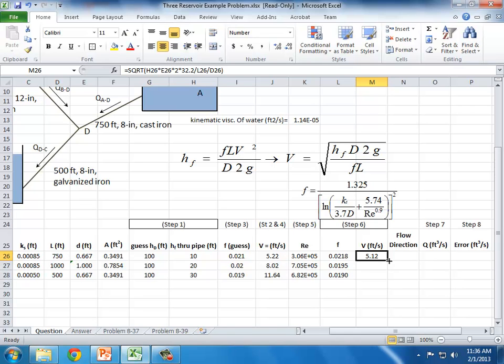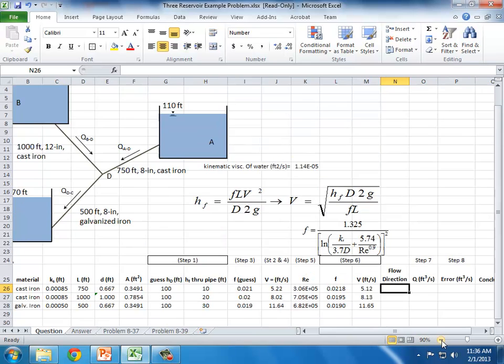Our velocities didn't change all that much, but they changed a little. By flow direction, what we want to do is identify if the flow is going into the junction or out of the junction in each of these rows.